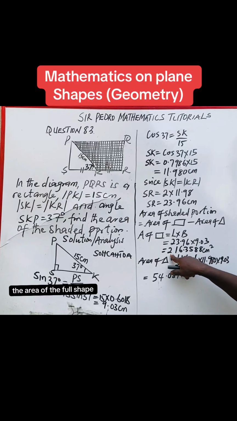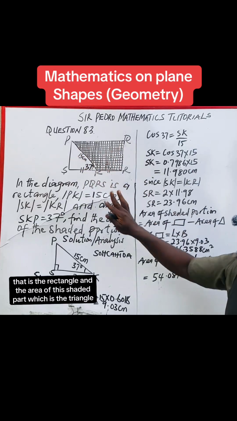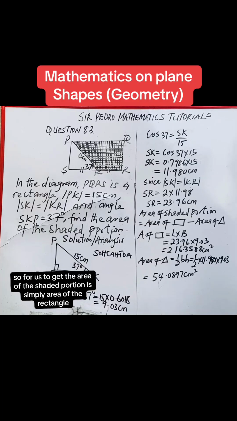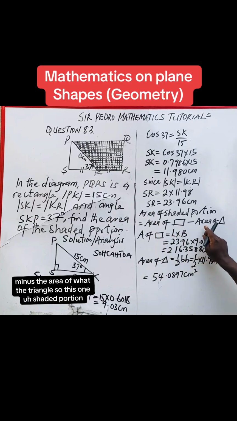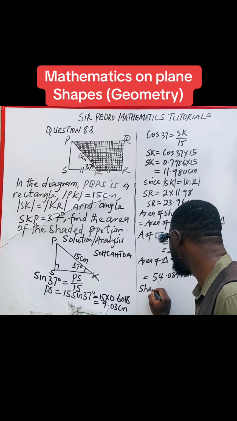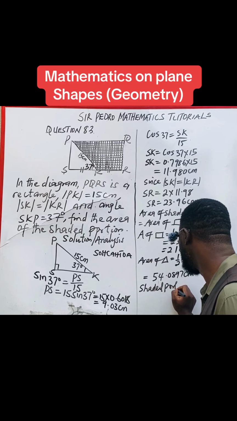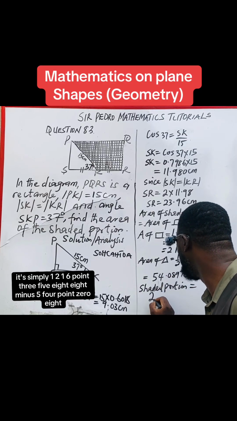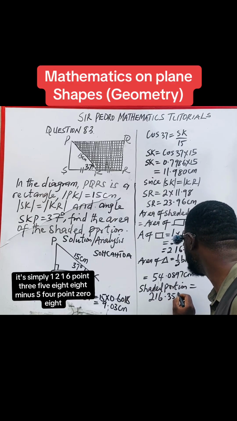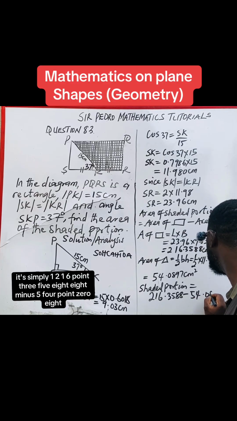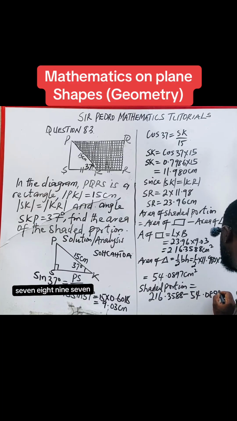So we've gotten the area of the full shape, that is the rectangle, and the area of the unshaded part, which is the triangle. For us to get the area of the shaded portion, it is simply the area of the rectangle minus the area of the triangle. So the shaded portion is 216.3588 minus 54.0897.